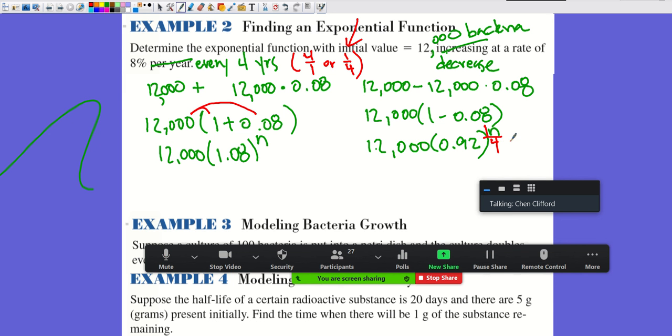Now let's say it said every 4th of a year. Instead of every 4 years, it decreases at a rate of every 4th of a year. Every 4th of a year is actually going to be more frequent. That decreases more frequently compared to 1 year.